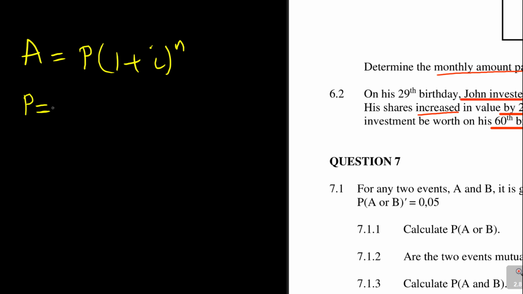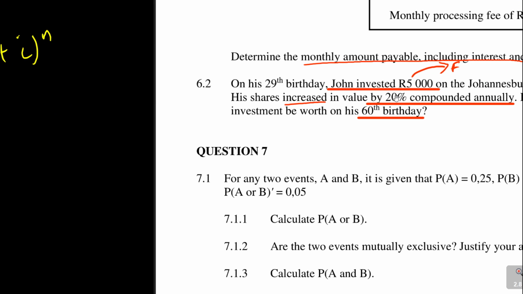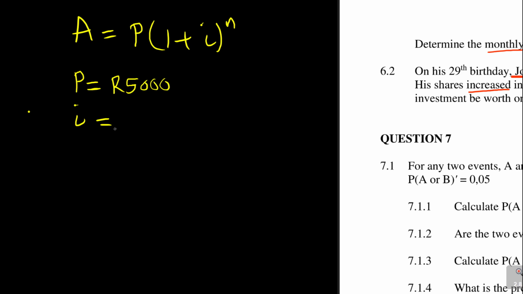Your principal, how much is he starting with? He's starting with 5,000. And then what is the interest rate? They told us it is 20%. And you know what to do? We divide by 100, which is equal to 0,2.